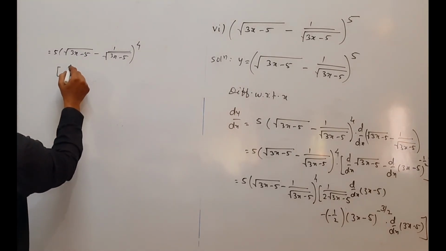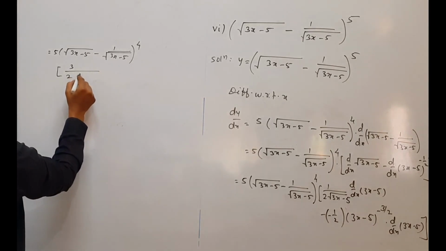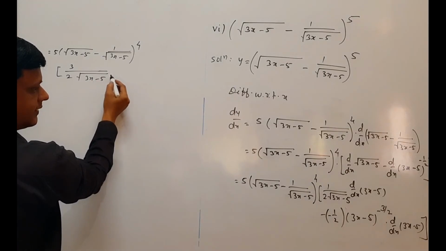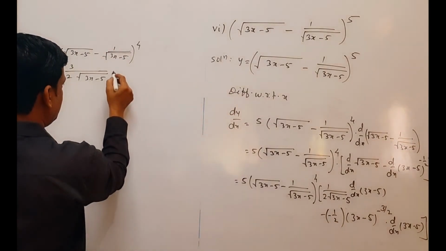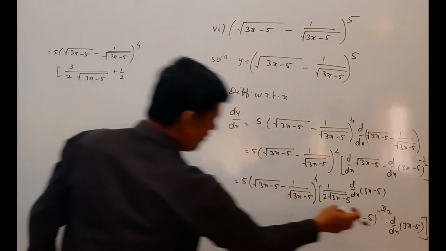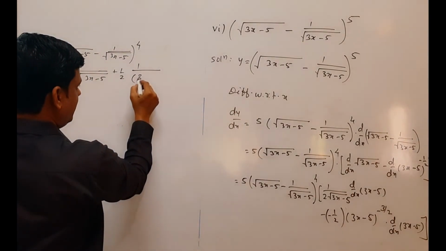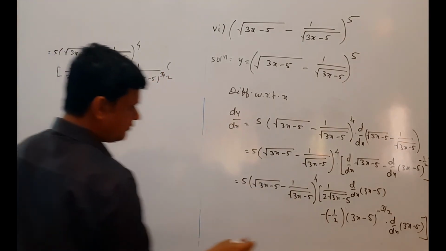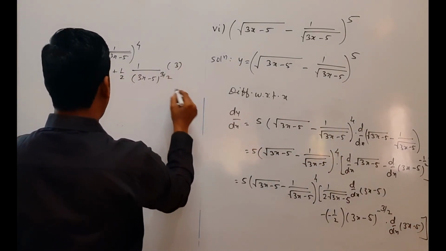So you can write this as 3 by 2 root 3x minus 5. Here minus minus get plus. So we write here plus 1 by 2, this power minus 3 by 2, if we write in denominator, we write 3x minus 5 raised to the power plus 3 by 2 into, so derivative of 3x minus 5, we write 3.